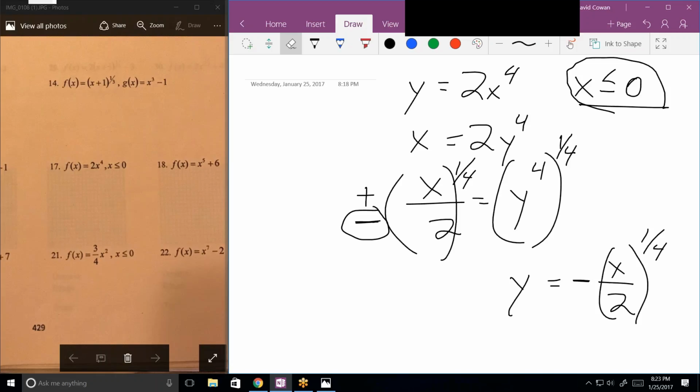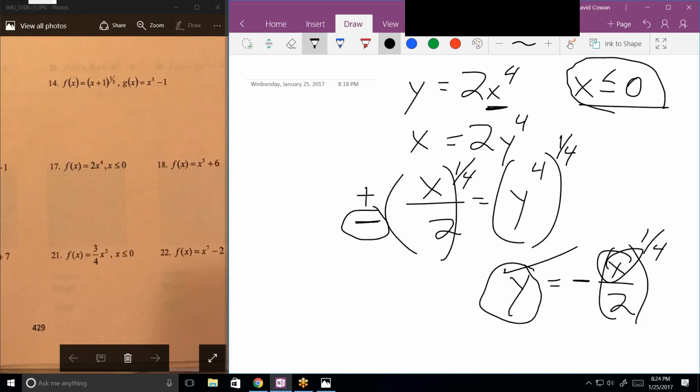Let's see. If x is negative, they're talking about this x, first of all, not this one down here. Notice that we switched the variables. So this was the original x, so it's really this that has to be negative.